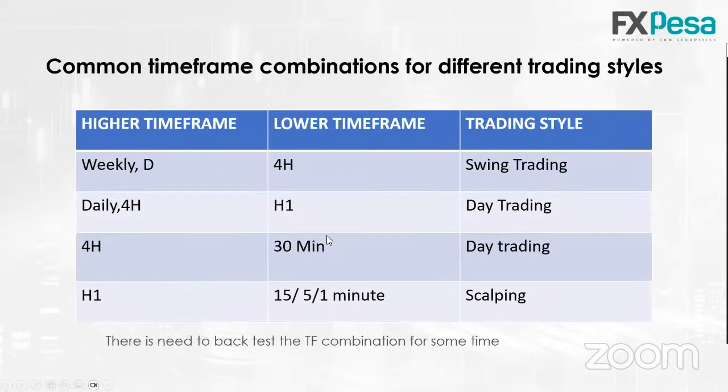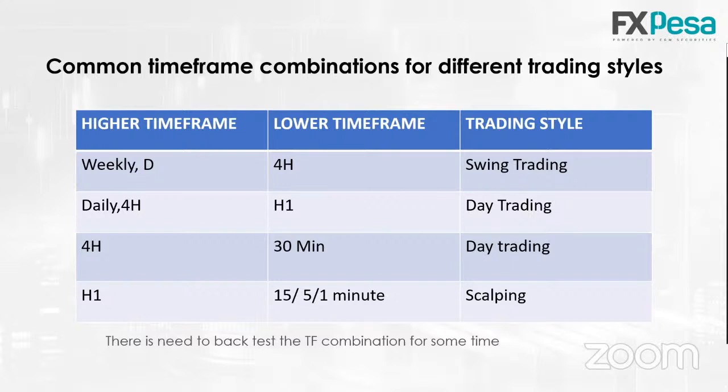So what are the common time frame combinations that you can use, and which trading styles do they suit? For swing trading, you can consider weekly and daily as the higher time frames, and then move lower to 4 hours to find suitable trade entries.